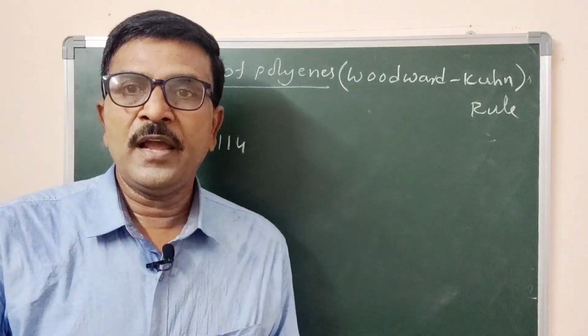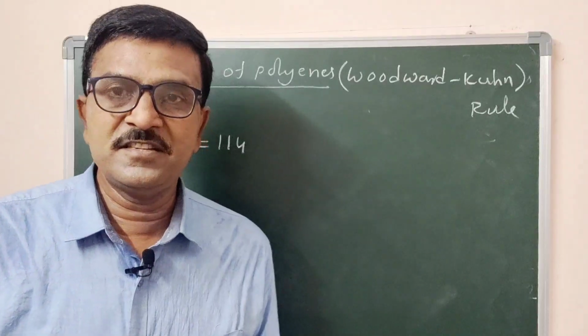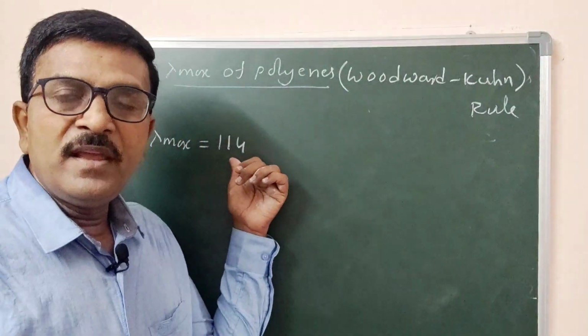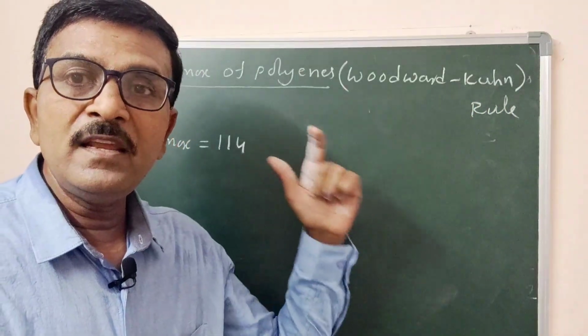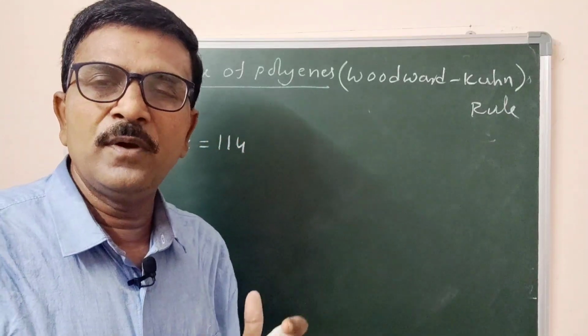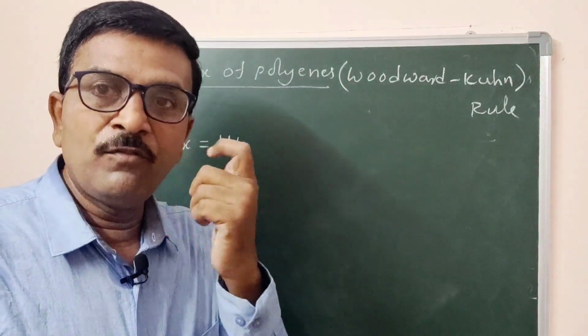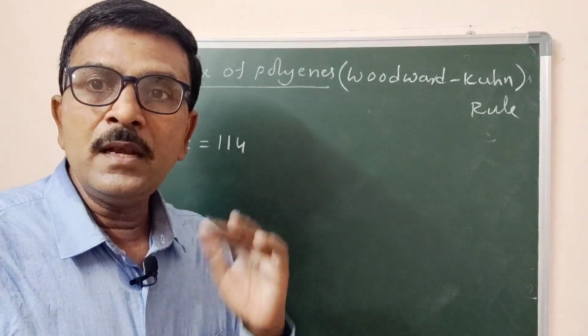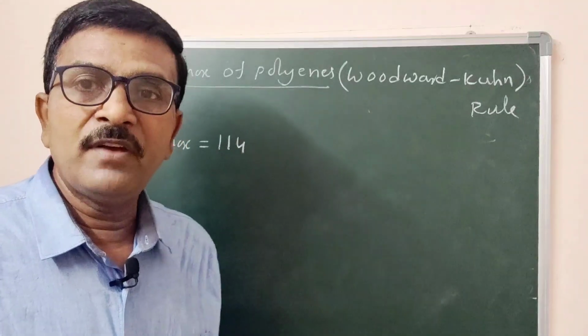And then we should add the effect of the substituents attached to the conjugated system. This is the basic value. The absorption maxima for polyenes are calculated taking the basic value of 114 nanometer and then adding the substituent effect.